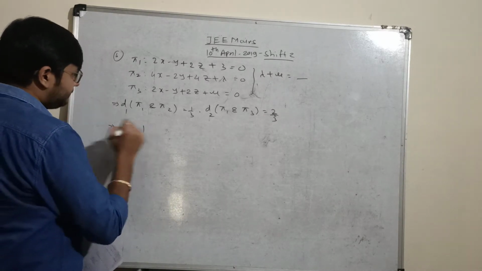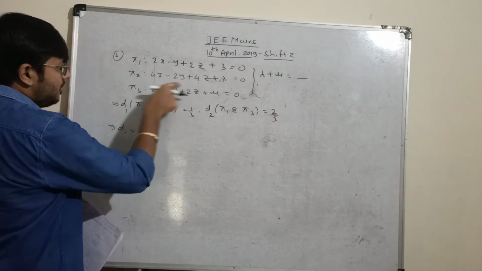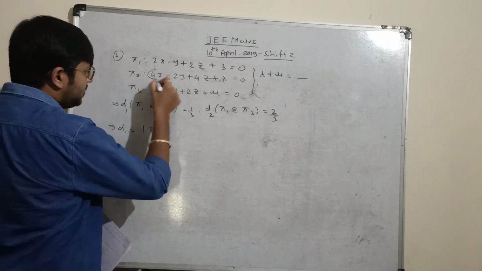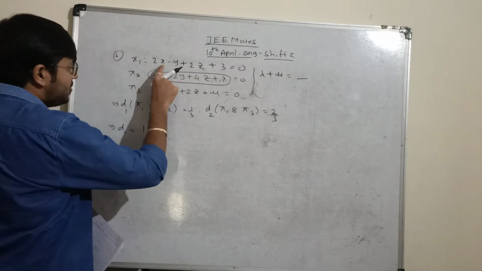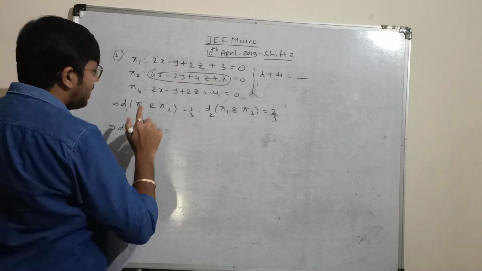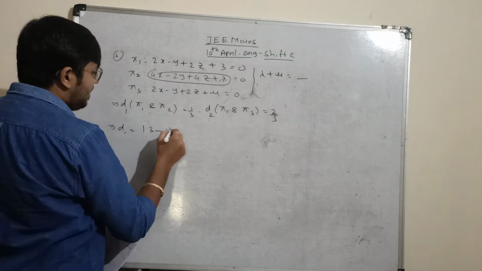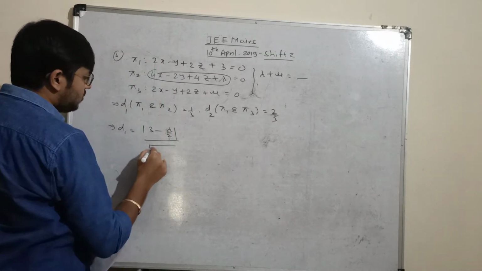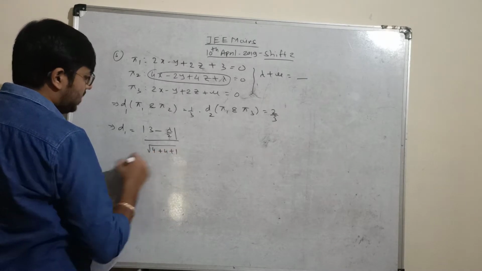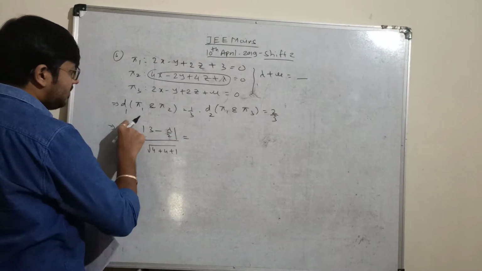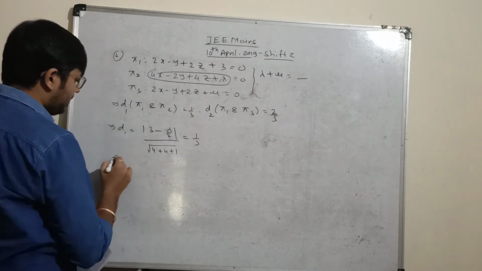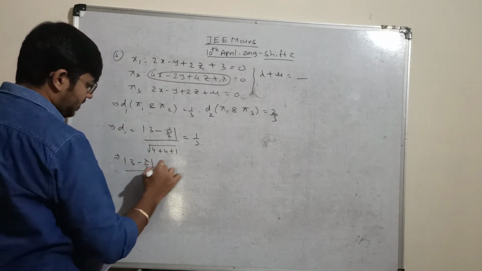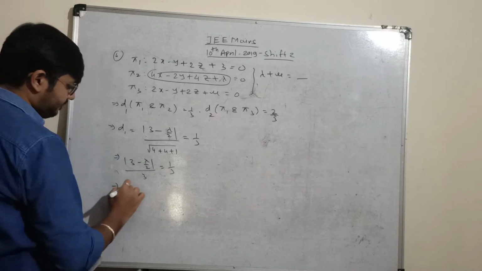d1. I need to take 2 common from the second plane, so it will be 3 minus lambda by 2, because I need to make the coefficients of x, y and z equal. So taking 2 common, it will be lambda by 2 upon the square root of 2 square, that is 4, plus 4 plus 1, and this distance d1 is already given as 1 by 3. So 3 minus lambda by 2, upon 3, equals 1 by 3.